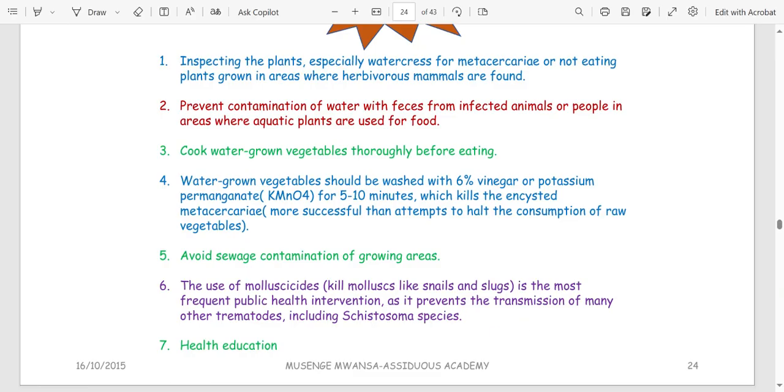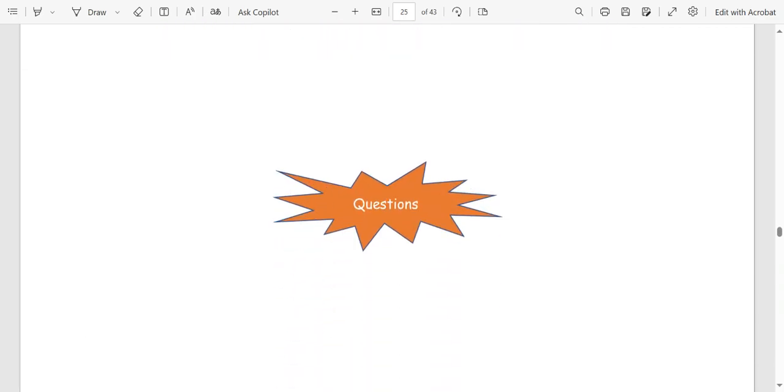It prevents the transmission of many other trematodes, like schistosoma, because the snails are basically the transmitters for most of the trematodes. Also educate people, give them health education about hygiene, the need for them to cook the vegetables, and why they are doing that, because if someone doesn't understand why they're doing something, they might end up not even doing it at all.